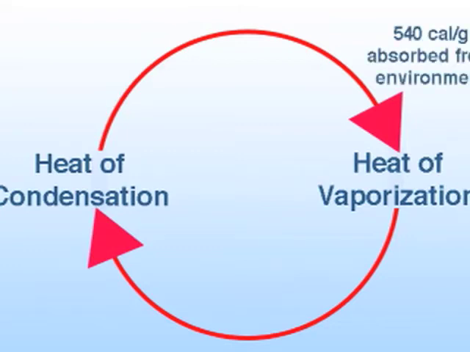Every gram of water evaporated absorbs 540 calories of energy, and when that water vapor condenses back to the liquid, those 540 calories are released. So in tropical areas receiving lots of sunshine, every 14 drops of water that evaporate absorb 540 calories of solar energy, helping to cool that region.